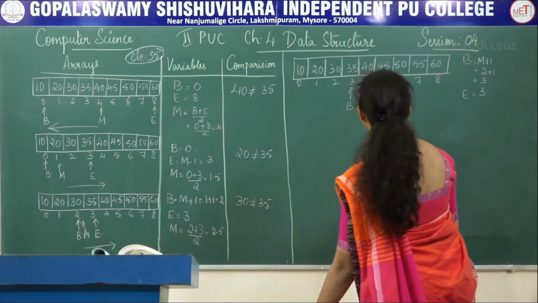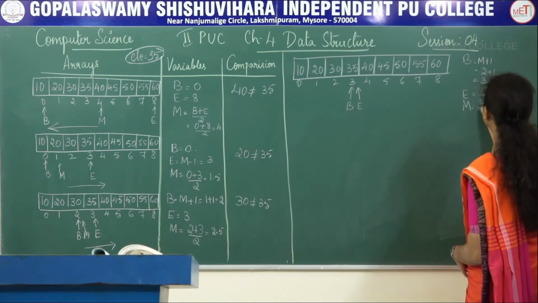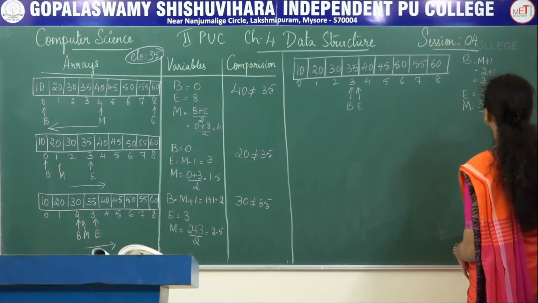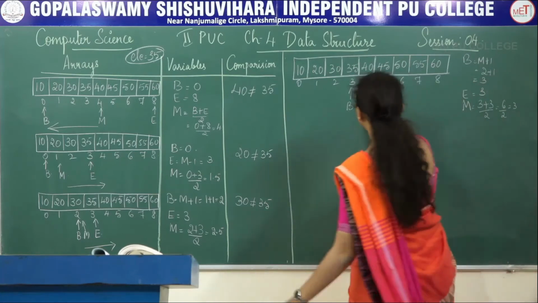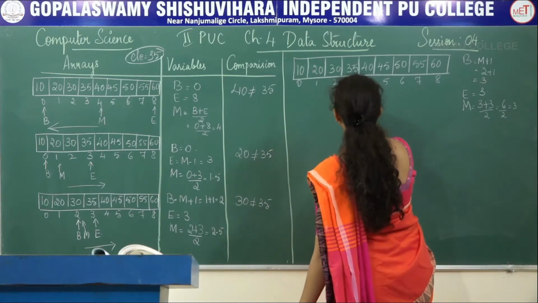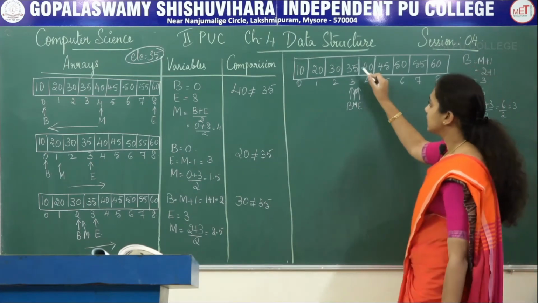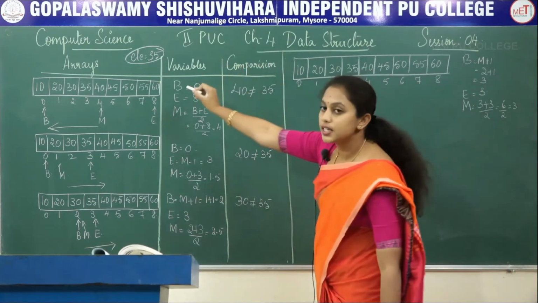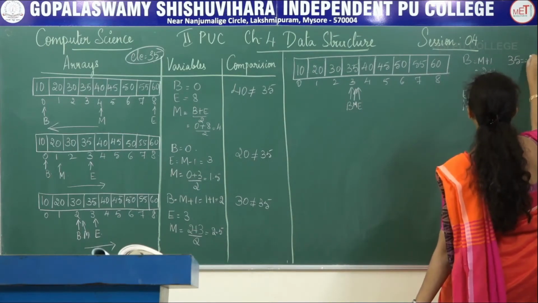So how to find the middle element? M is equal to (3 plus 3) by 2, that is 6 by 2, that is 3. So 3 is our middle position also. Compare the element with the search element. 35 is equal to 35.